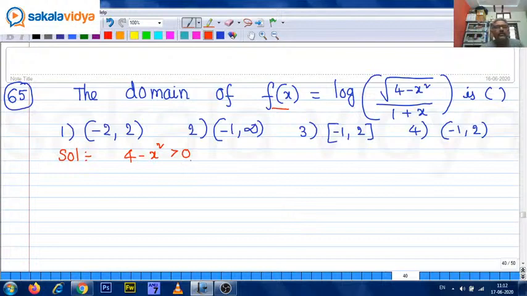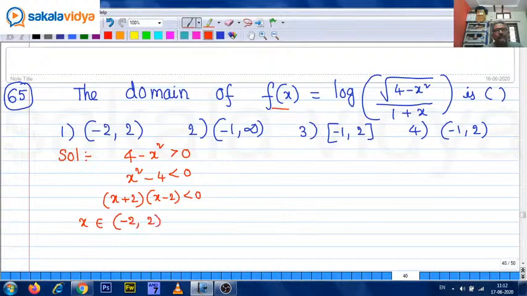Understood now? So 4 minus x square must be greater than 0. That's why x square minus 4 is less than 0. So x plus 2 into x minus 2 is less than 0. So x belongs to minus 2 comma 2. This is the solution, say equation 1.